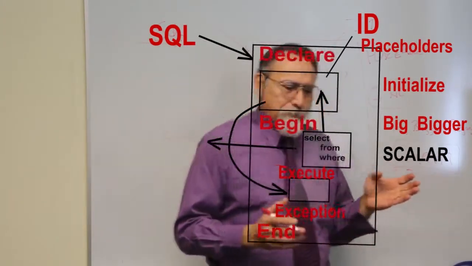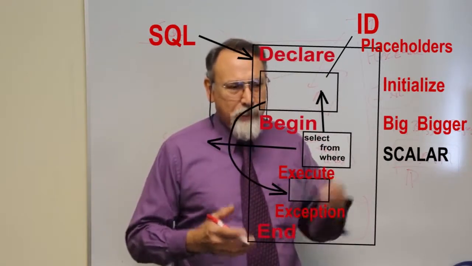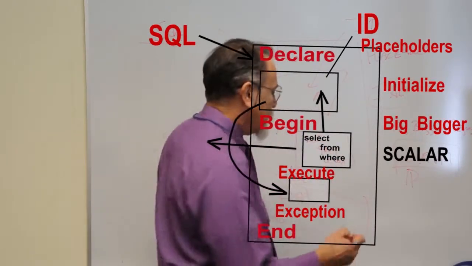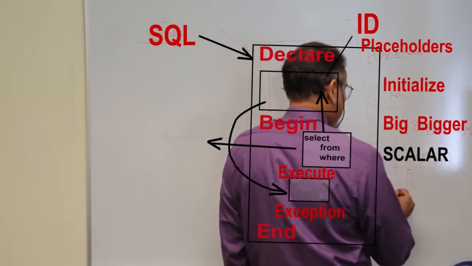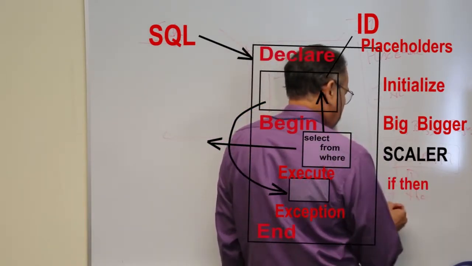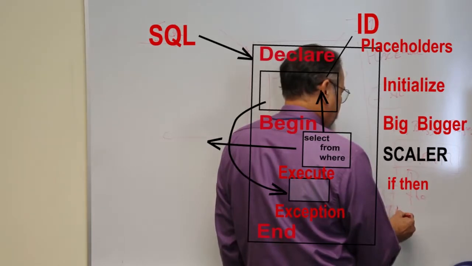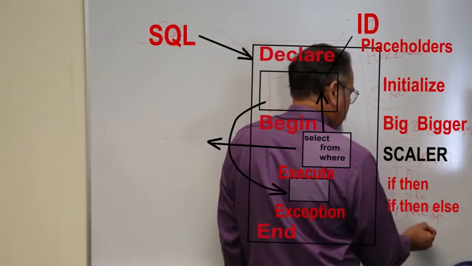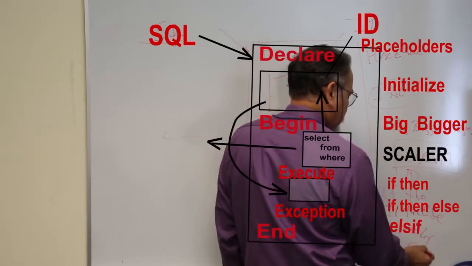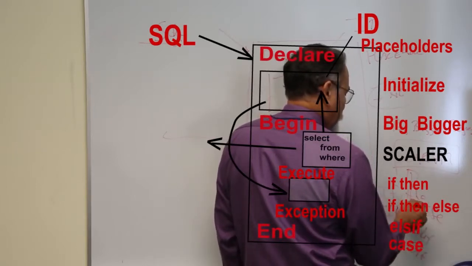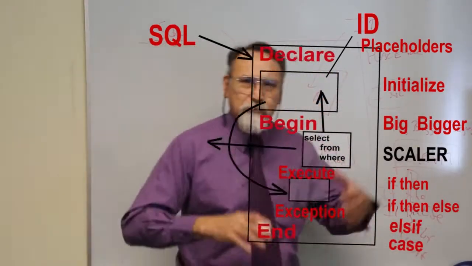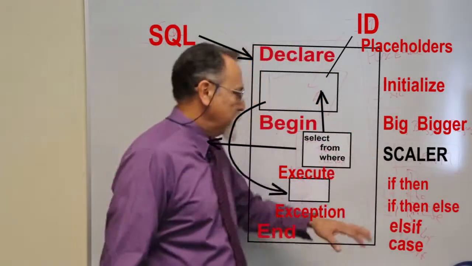Now, as you're doing this and you're testing this, you're going to have decisions. So this is where the process of if then comes in. If then else, then there's else if, and then there's case. So there's actually 1, 2, 3, 4 different decision structures that are used.